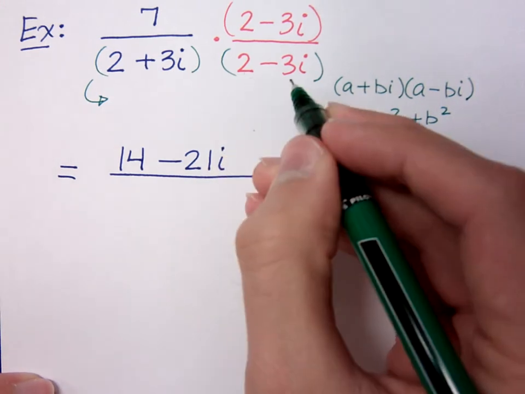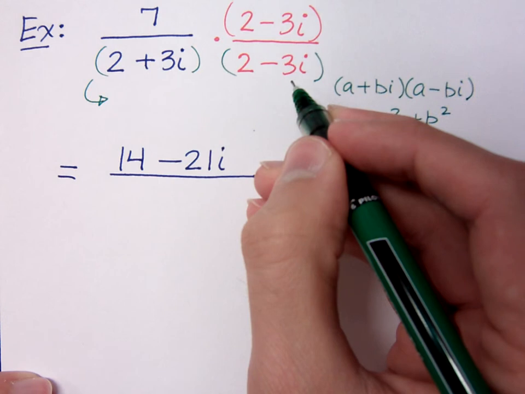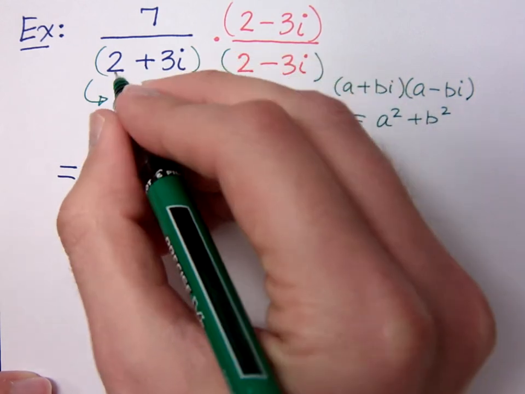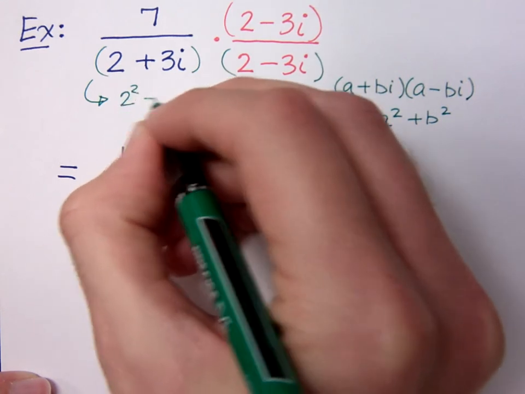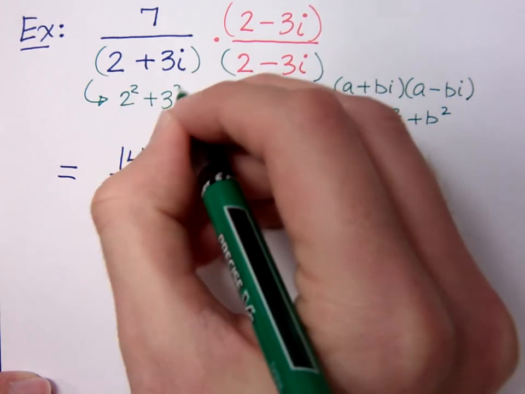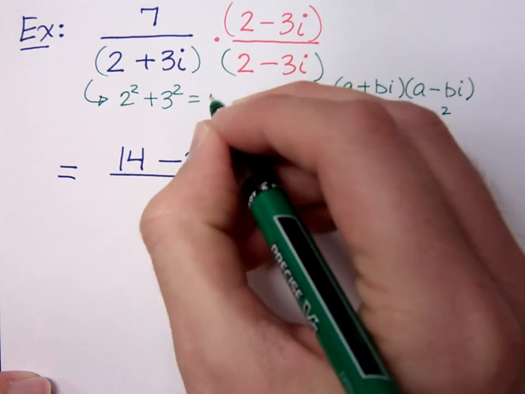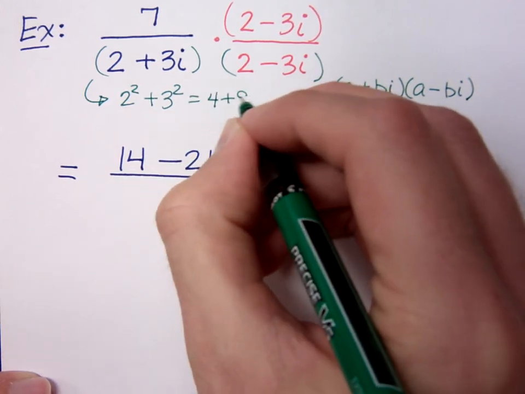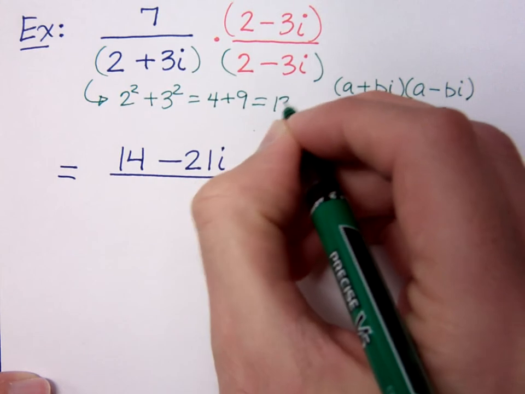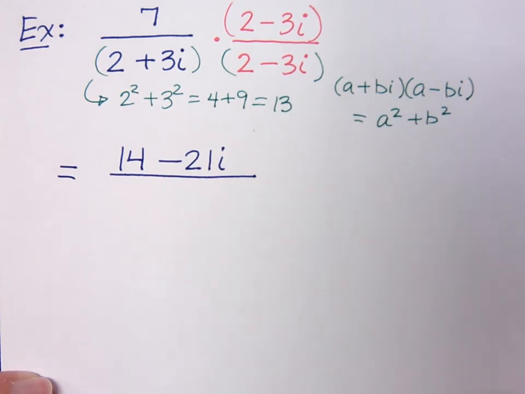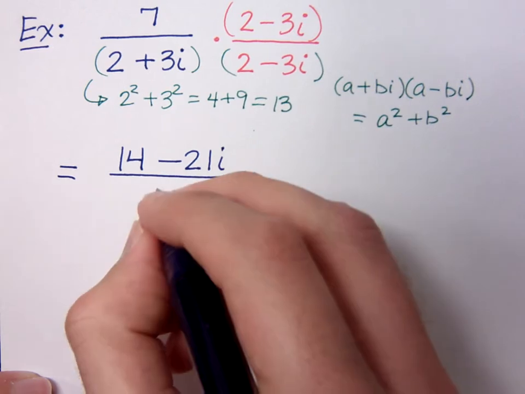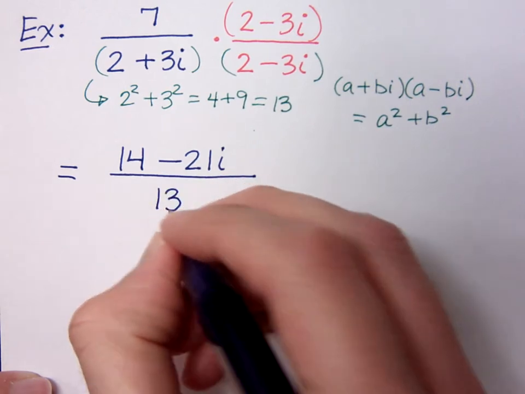When I put the 2 minus 3i, I knew that I was going to be multiplying times the complex conjugate. So when you square this guy, you're going to have 2 squared plus 3 squared. So it's the sum of squares, and then you just do the math. 4 plus 9, and you get 13. So just kind of scratch it out on the side. There's no need to keep writing everything over and over. So all of this is going to be divided by 13.